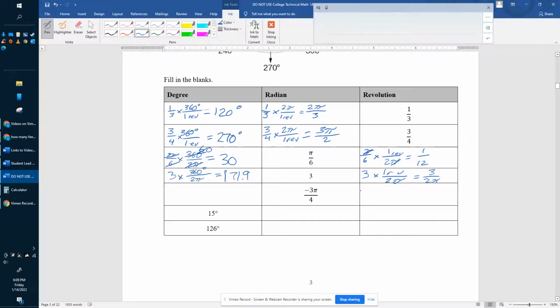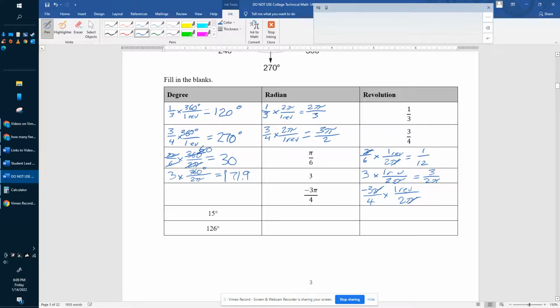Let's look at negative 3 pi over 4. Degrees can be negative. That just means that we're moving clockwise instead of counterclockwise. 1 rev over 2 pi radians.